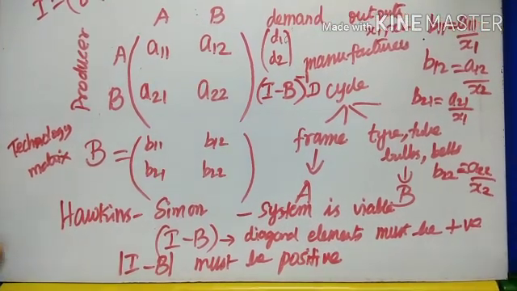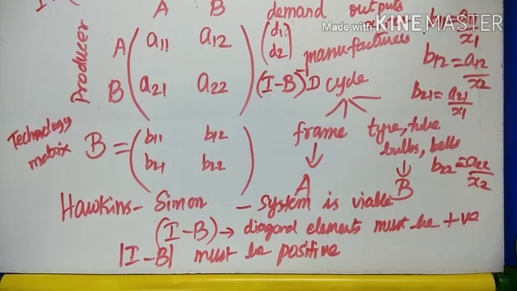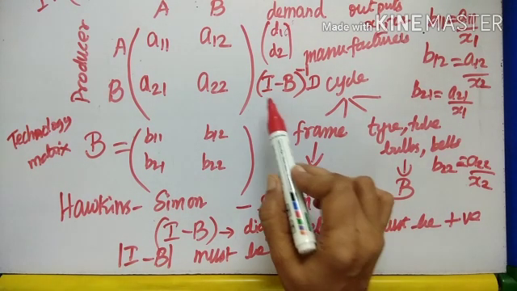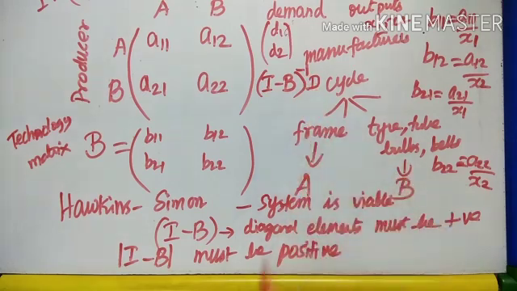Condition number 1, the diagonal elements of I minus B must be positive, and condition 2, determinant of I minus B must be positive. If these two conditions are satisfied, proceed on to find out I minus B the whole inverse into D so that I can find the gross production.